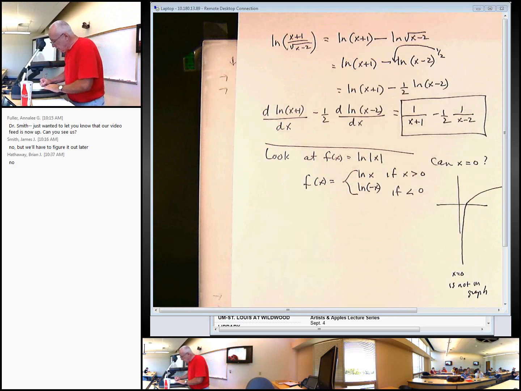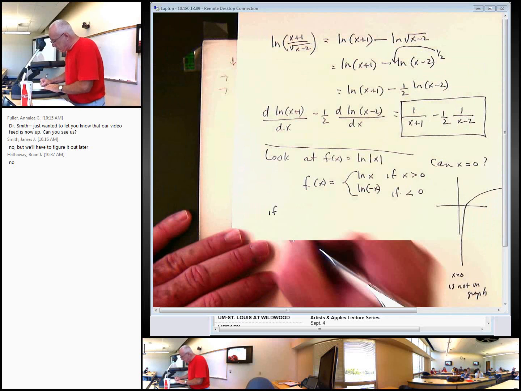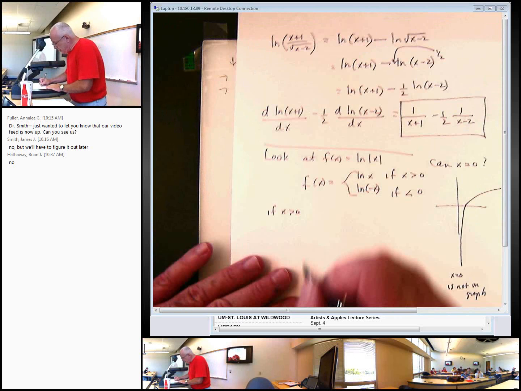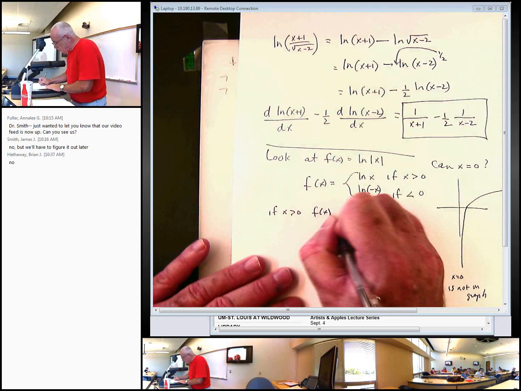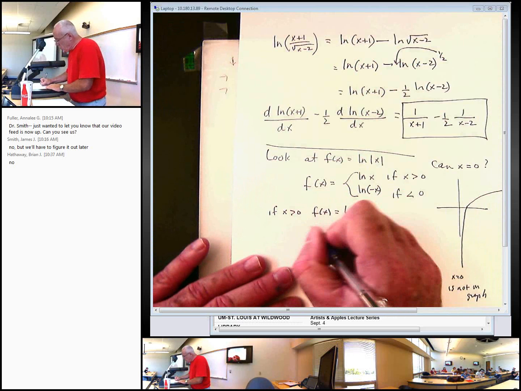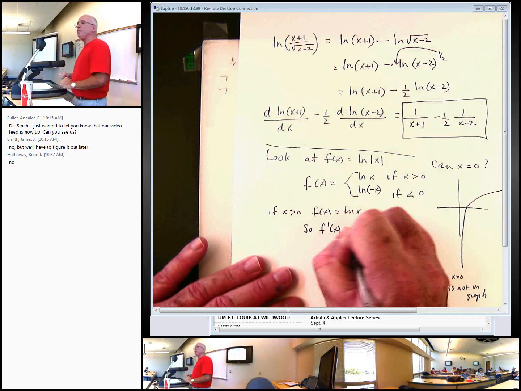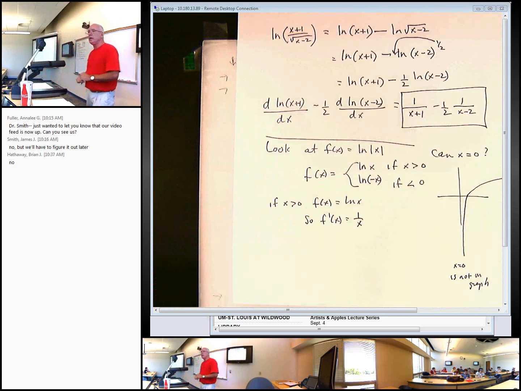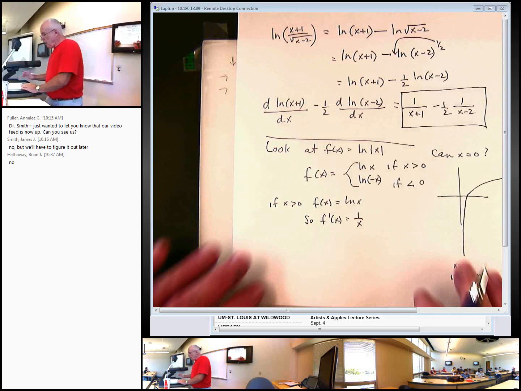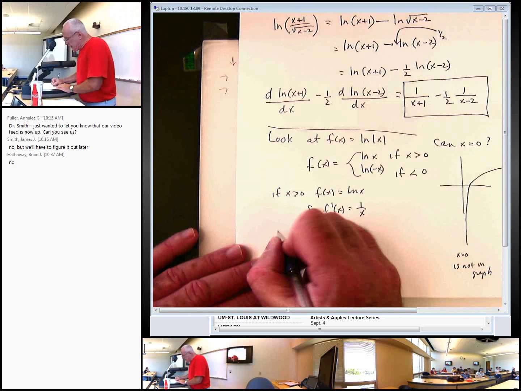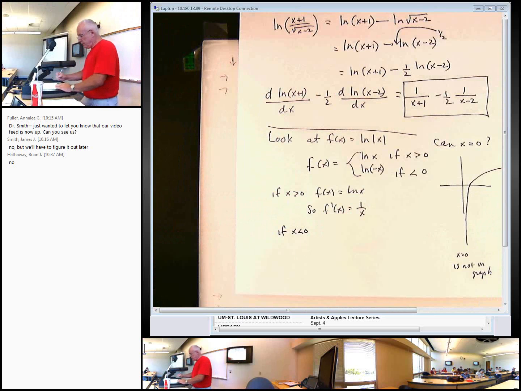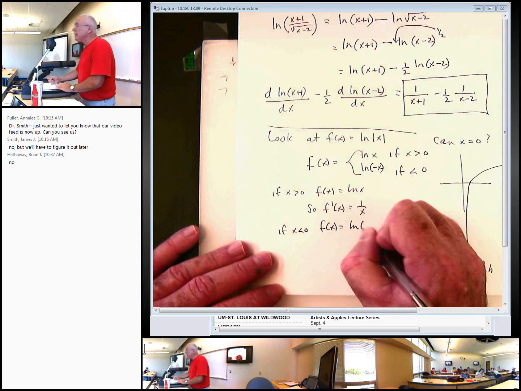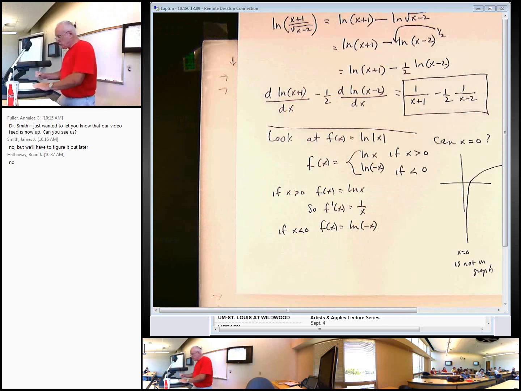Okay, so let's look at each of the cases. If x is bigger than 0, then f of x is equal to the natural log of x. So the derivative of the function is equal to 1 over x, just from what we had indicated earlier. Now let's look at the second case where x is less than 0. In this case, f of x is the natural log of the negative x. So let's get its derivative.